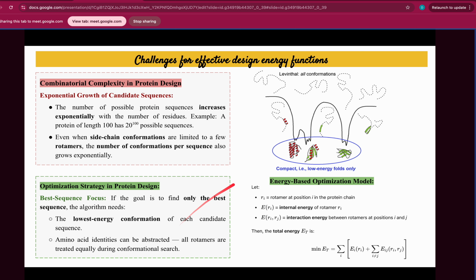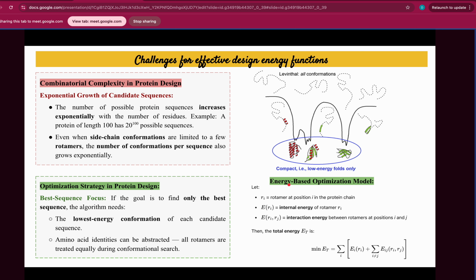If our aim is only to obtain the lowest energy structure, there are alternate structures which might vary in their energy landscape, and their energy difference might be very low, so there is a challenge. To resolve this and speed up the selection criteria, many people select the one which has the lowest energy.